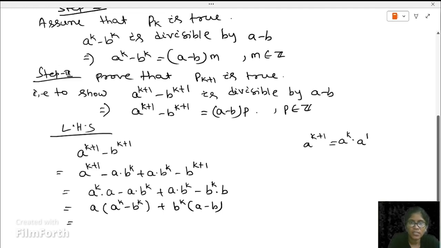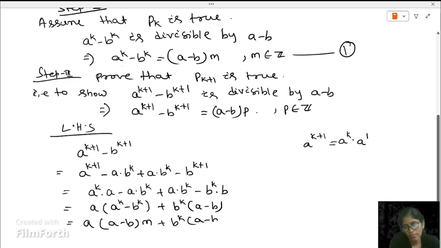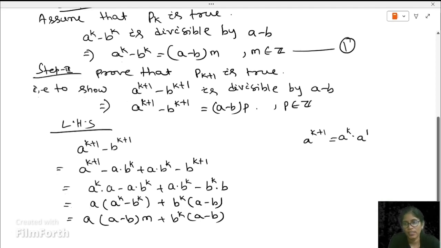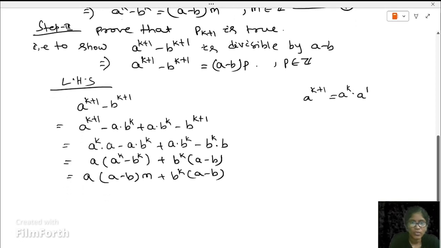Now in place of a to the power k minus b to the power k, from equation 1, we can put a minus b into m. Plus b to the power k into a minus b.